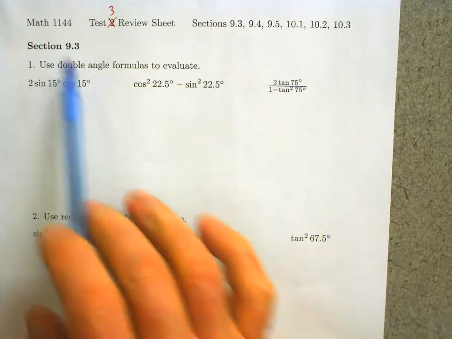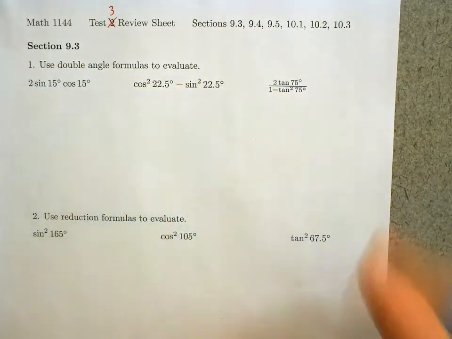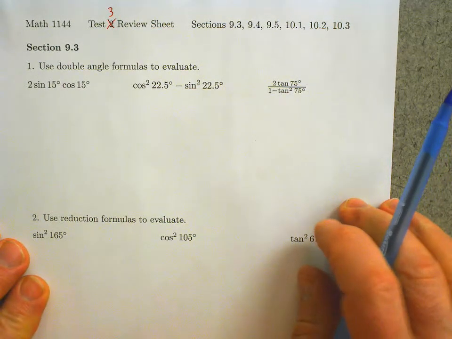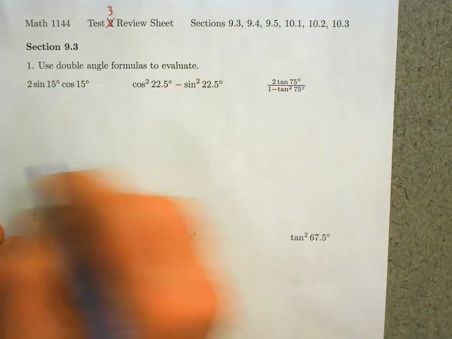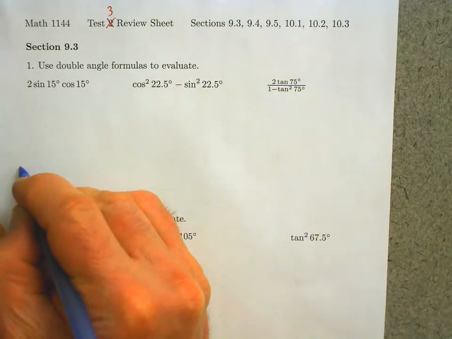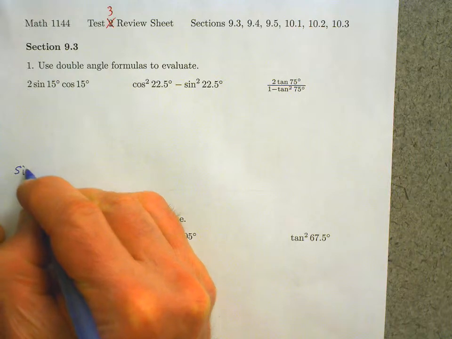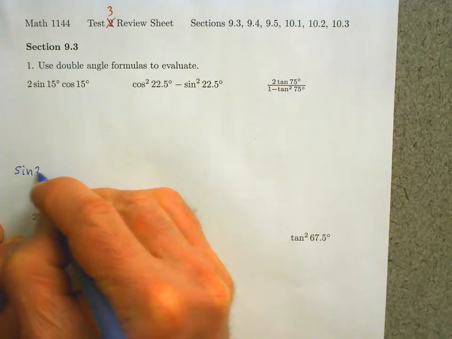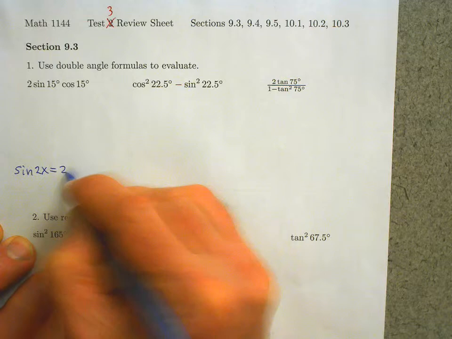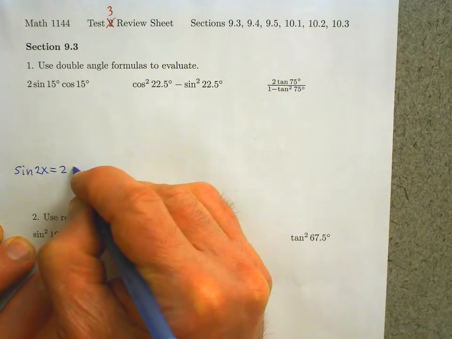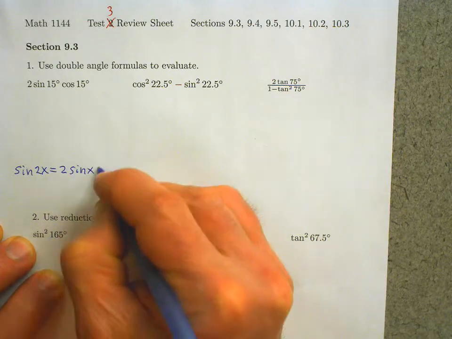Under section 9.3, number 1, use double angle formulas to evaluate. So I'll just remind you of the double angle formulas for practice. Sine of 2x is equal to 2 times sine of x times cosine of x.